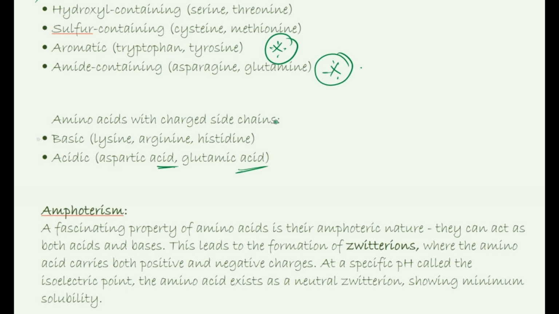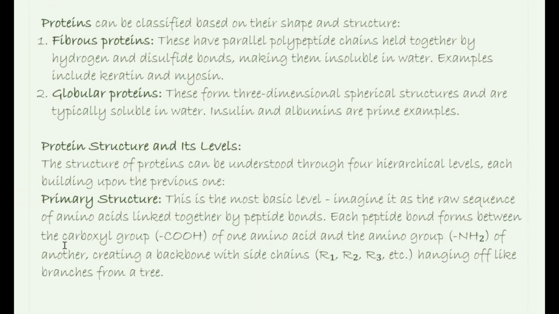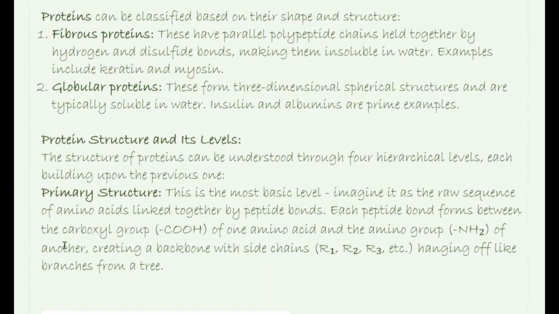This leads to the formation of zwitterions, where the amino acid carries both positive and negative charges. At a specific pH, that pH is called isoelectric point, the amino acid exists as a neutral zwitterion, showing a minimum solubility.